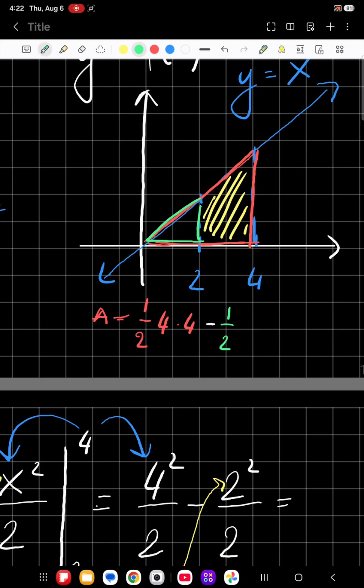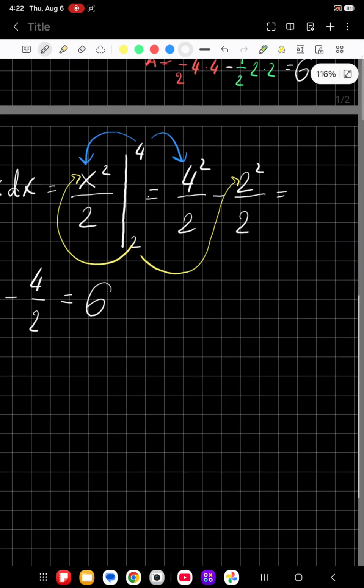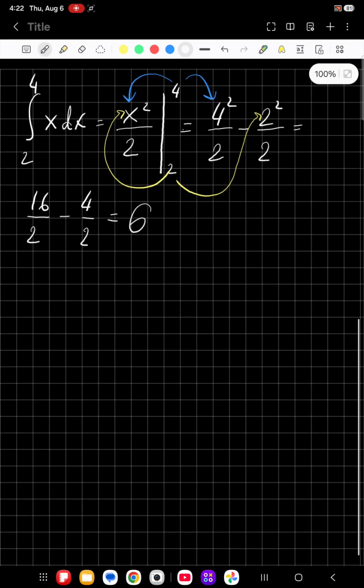Okay, so we get 16 over 2, 8, minus 2, and we do get that 6. Okay, so basically, yeah, that's it. That's what the second fundamental theorem of calculus says. And yeah, let's do more examples, right?